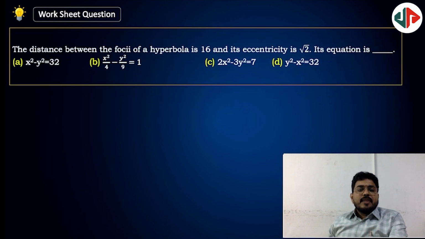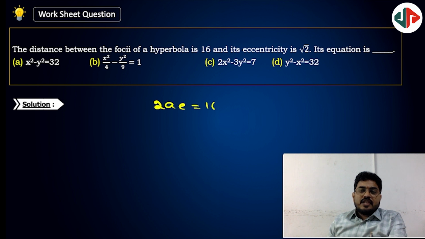Next question. The distance between the foci of the hyperbola is 16, so 2AE is equal to 16. Eccentricity is root 2. So AE is equal to 8, A is equal to 2 root 2.